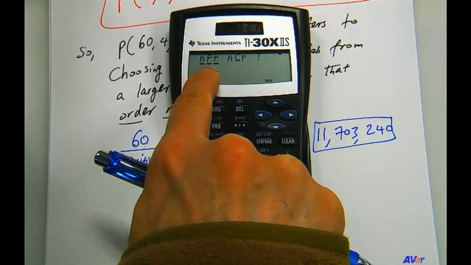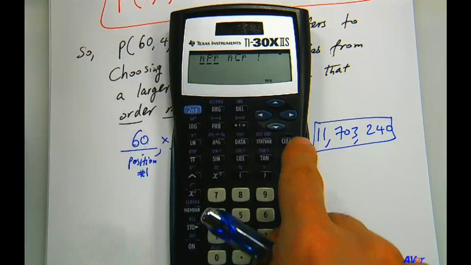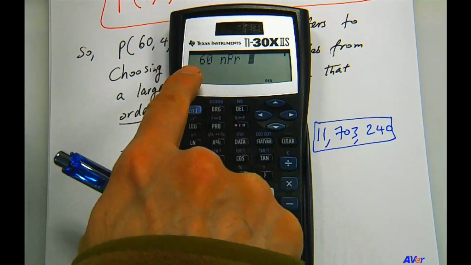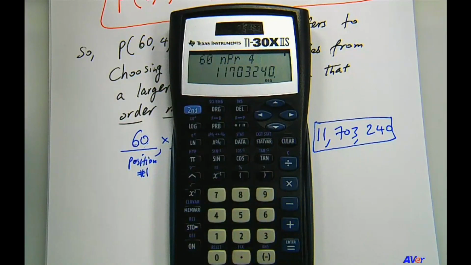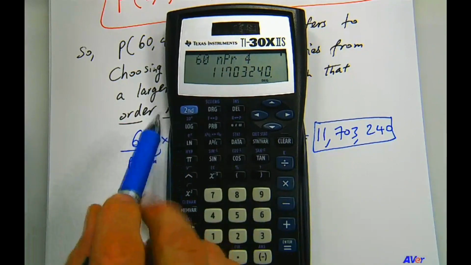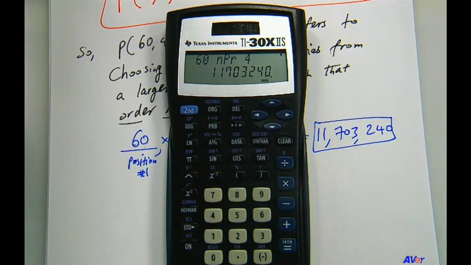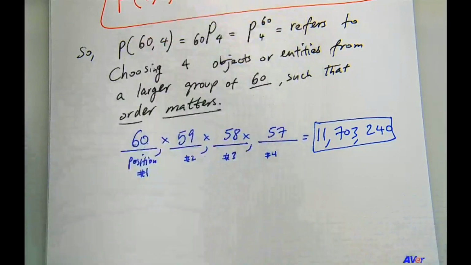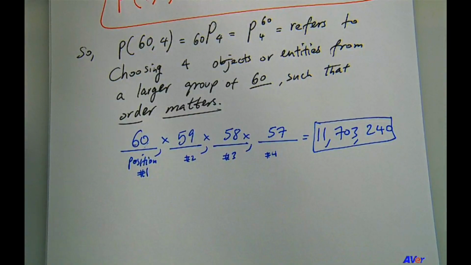The first one is already highlighted with the dashes underneath it, so I'm going to press enter to select that option. So 60 permutation 4, right? I hit enter, and there you have it: 11,703,240. Okay, so that's how you obtain that using a calculator. But now you know that the multiplication principle is involved in that calculation.